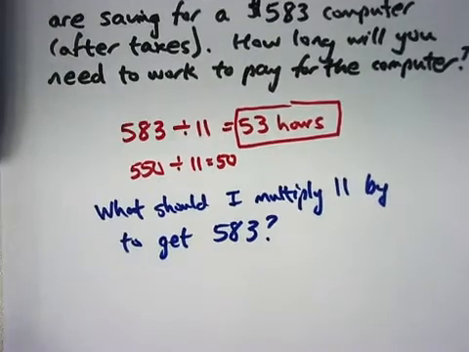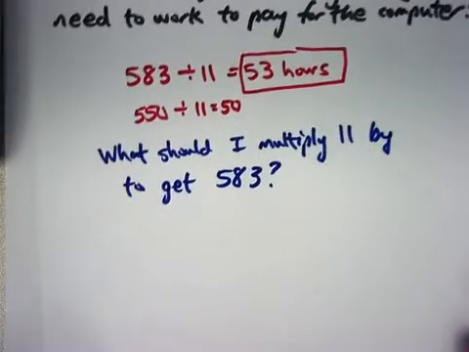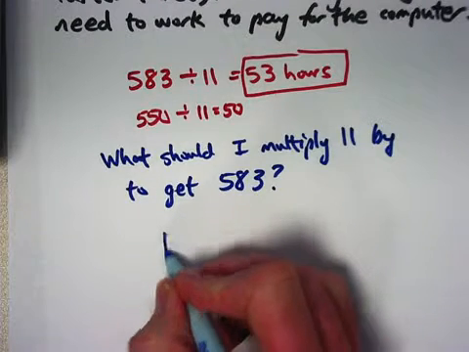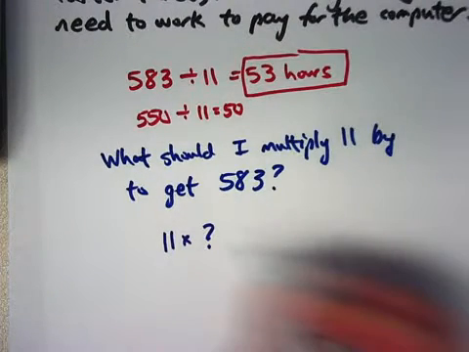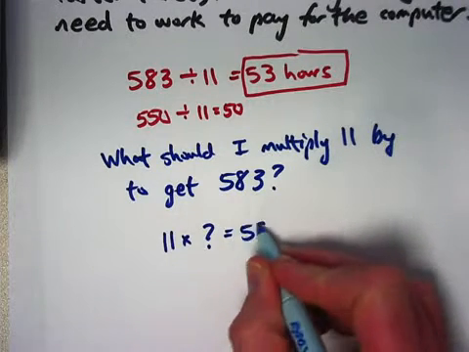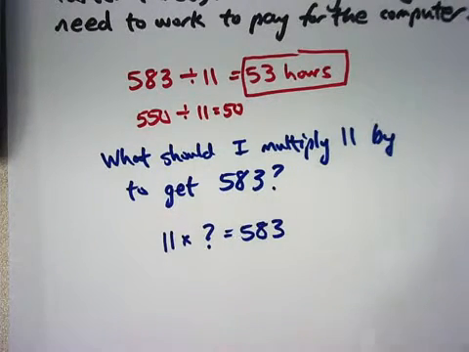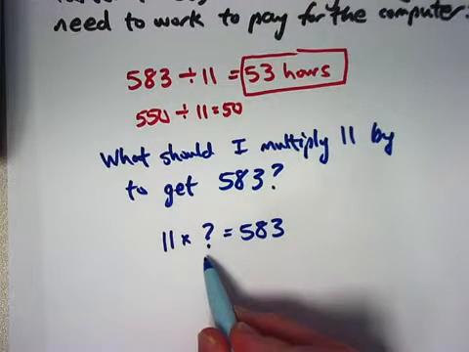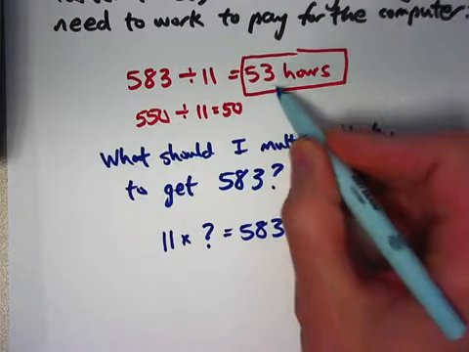In terms of an equation with an unknown represented by a question mark symbol, 11 times what, as a question mark, will equal 583? So the question mark up there is a regular question mark. The question mark here is representing the unknown answer. Well, I know the answer is going to be 53.